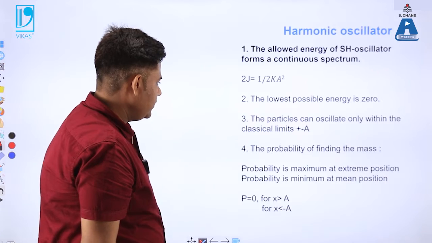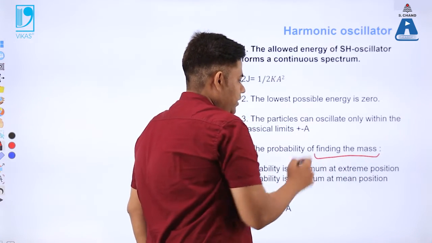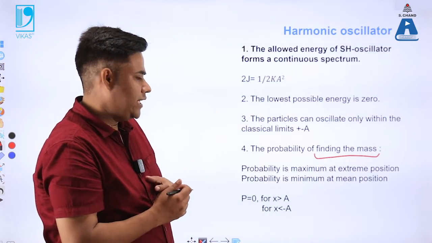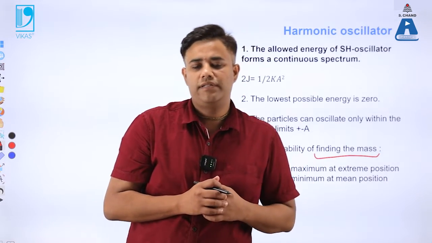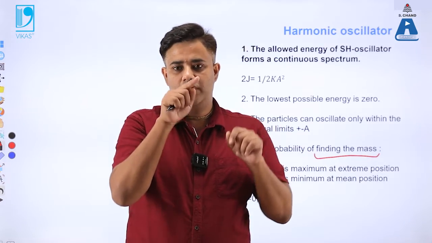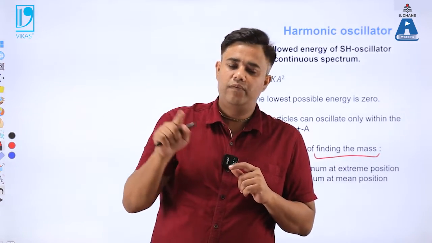Then what do we have? The probability of finding the mass of the system, wherein if we want to check at what particular location we need to have the system. So let's say the pendulum is oscillating at a particular frequency.